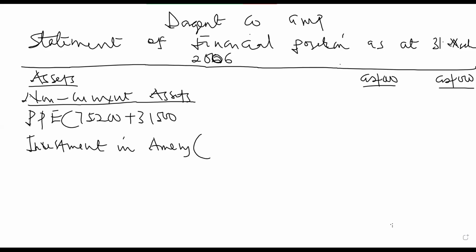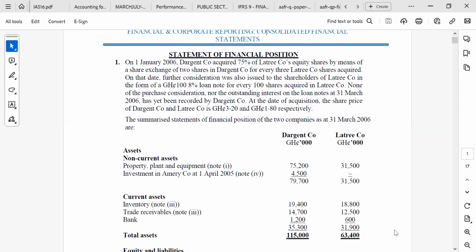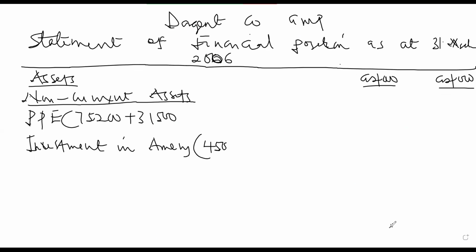What is the value there? 4,500. Okay. They don't have any other non-current asset, but you can leave a space like three spaces. You might have goodwill. The goodwill will come there. So you can leave like 3 spaces there and come to the current assets.